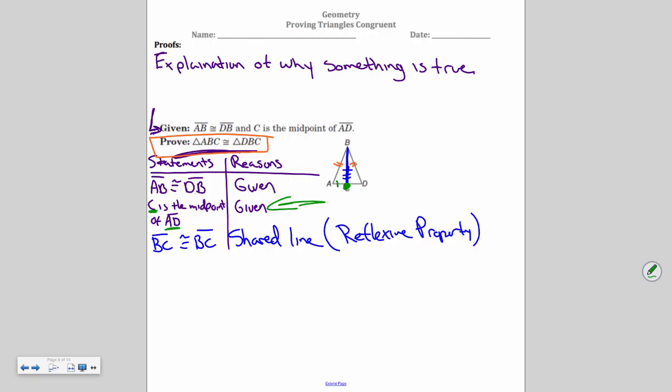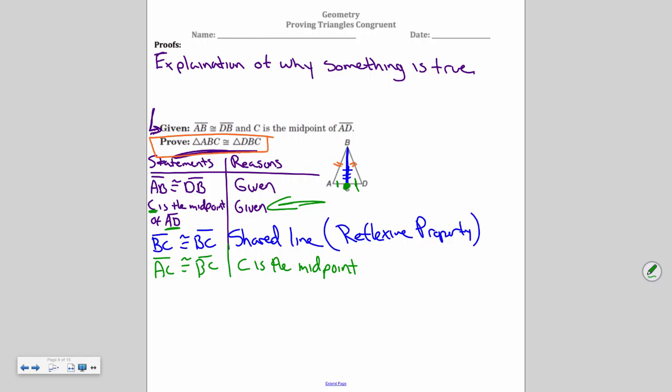So this side is equal to this side. AC is congruent to BC because C is the midpoint. Every time you see the word midpoint, you have one side equal to the other side. That is a key vocabulary term that you're going to have to remember when you are proving triangles congruent.